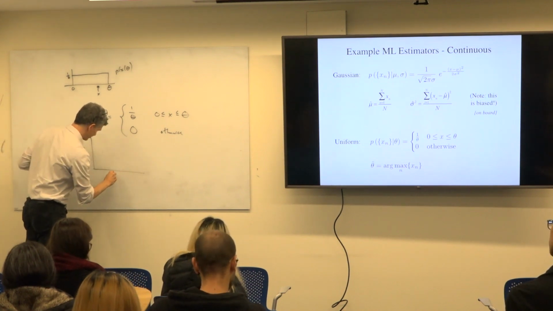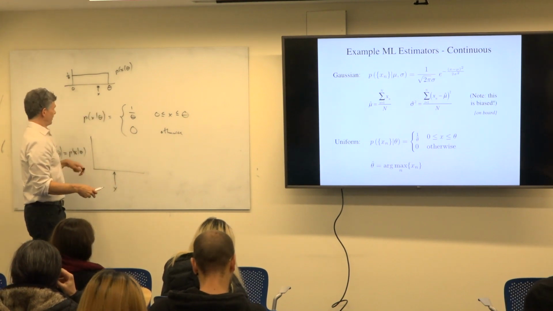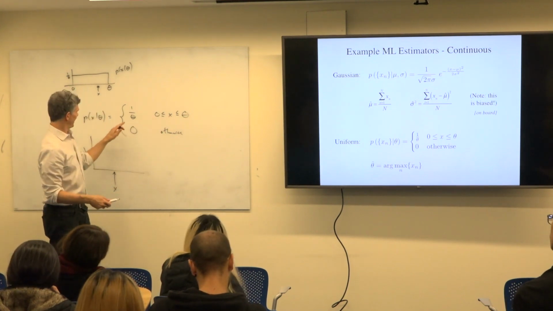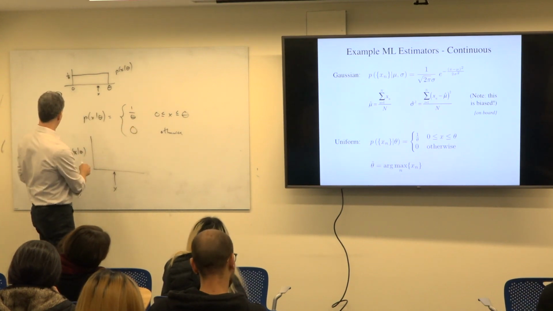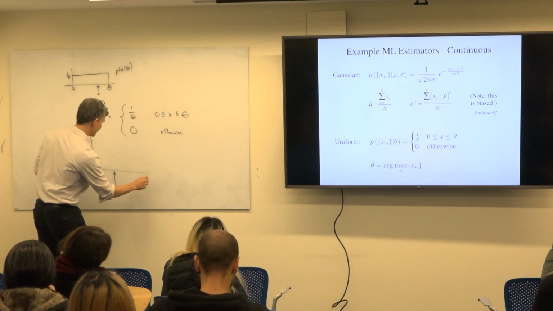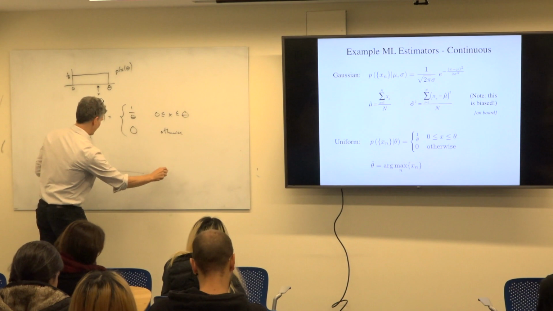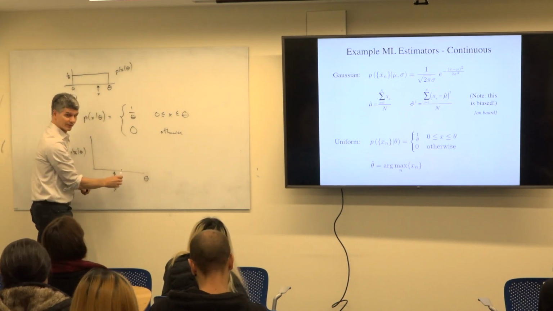So let's say that x is here. If x is less than theta, then the value of this thing is 1 over theta, right? So as a function of theta, x has to be less than theta, so I better have theta to the right of here only.